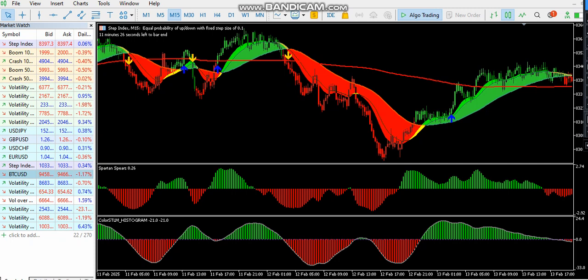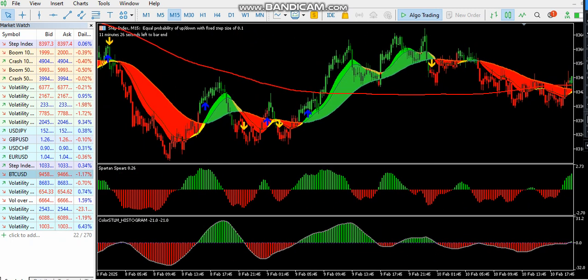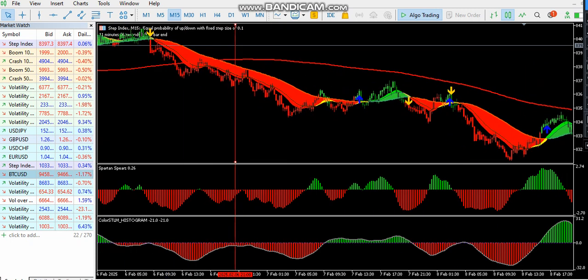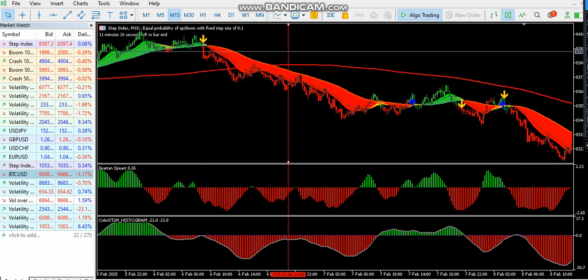M15, boom. So already at this point, it gave us the arrow for a sell here from the M15. But once it broke below and this was red, honestly, even without the arrow, I would have taken this entry.